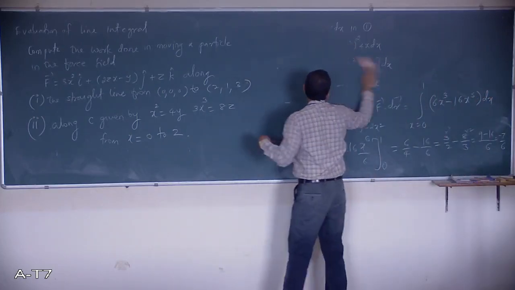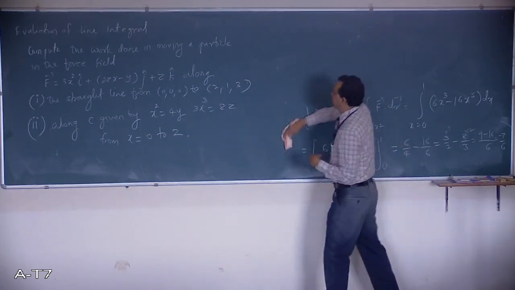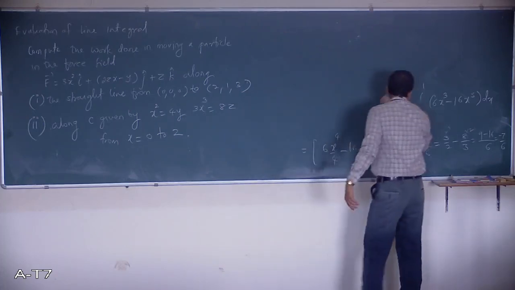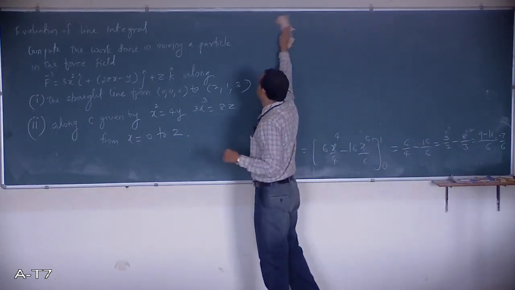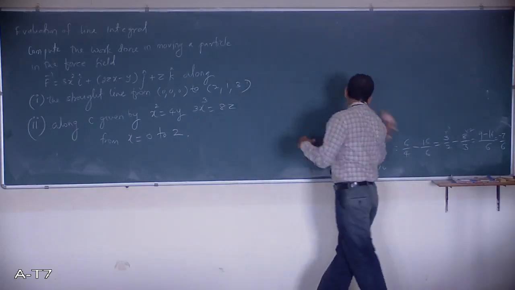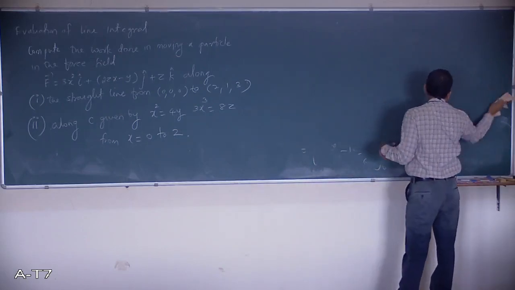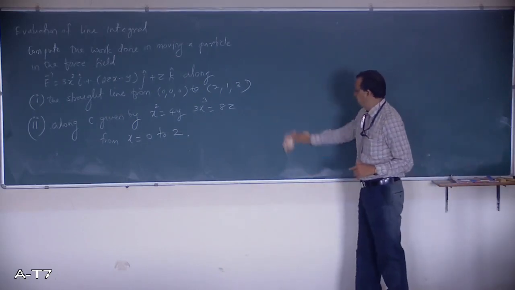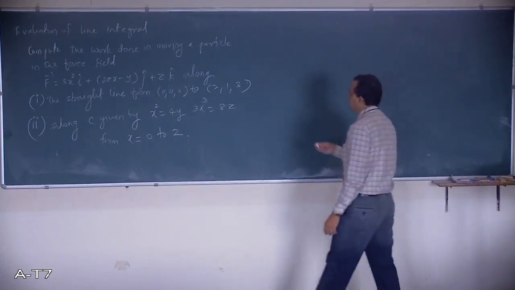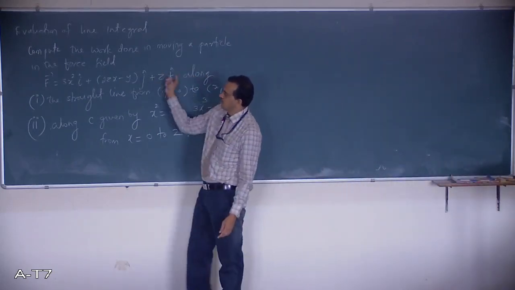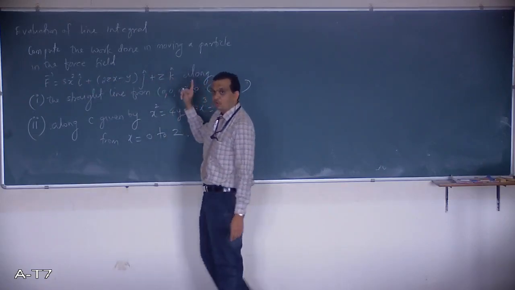So first thing is, what is r this time? Anybody? Shall I take xi plus yj or what? Yes, it cannot be. It has to be xi plus yj plus zk because it is all in 3 dimensions. All ijk's are involved.